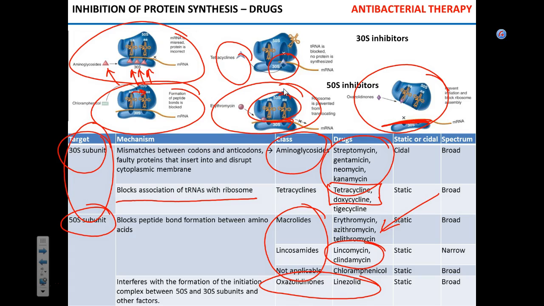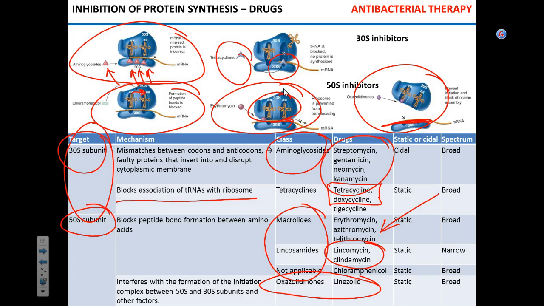So to which level you have to understand the inhibitors of protein synthesis. You have to understand what they inhibit. Okay, 30S subunit or 50S subunit. For chloramphenicol, macrolides, and lincosamides, all you have to know is inhibition of the 50S subunit.